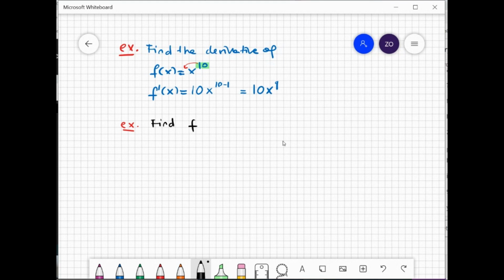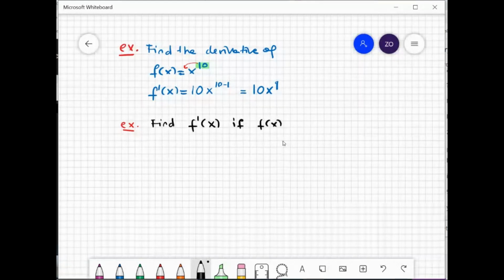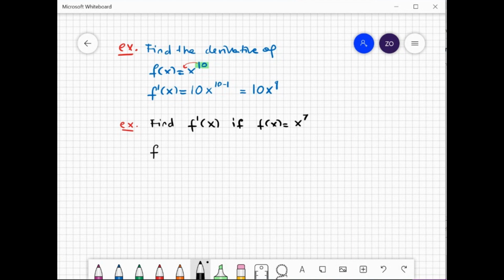Let's find f prime of x if f of x equals x to the 7. So the derivative of f will be, now the exponent is 7, so we will take it to the front and we will subtract 1. So it's going to be 7x to the 6.